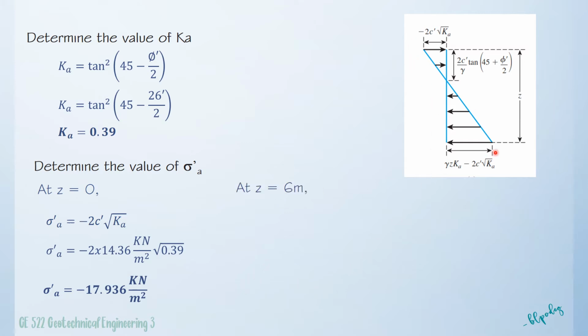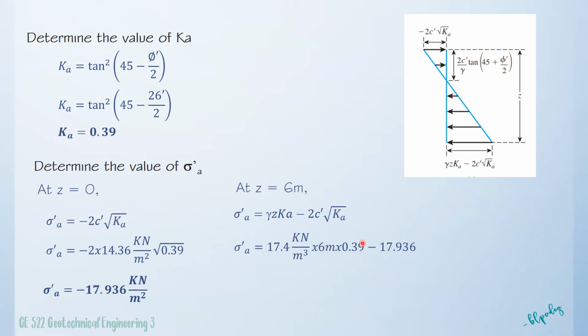Next, at Z equal to 6 meters, the Rankine's active earth pressure is equal to, we just substitute into this equation, 17.4, the unit weight of the soil. The depth that we are considering is 6 meters, because Z is equal to 6 meters.